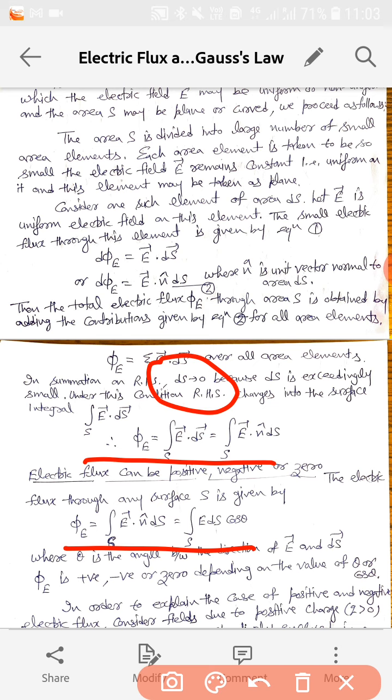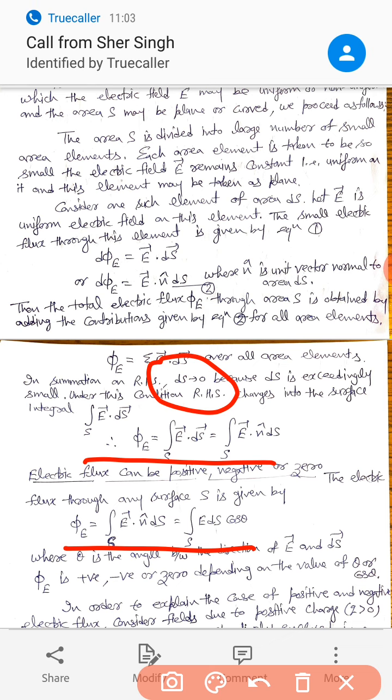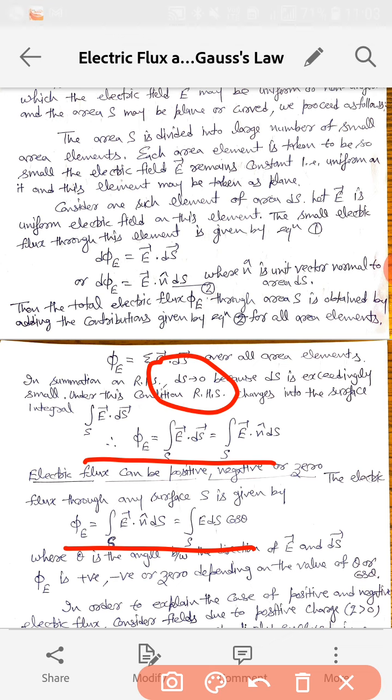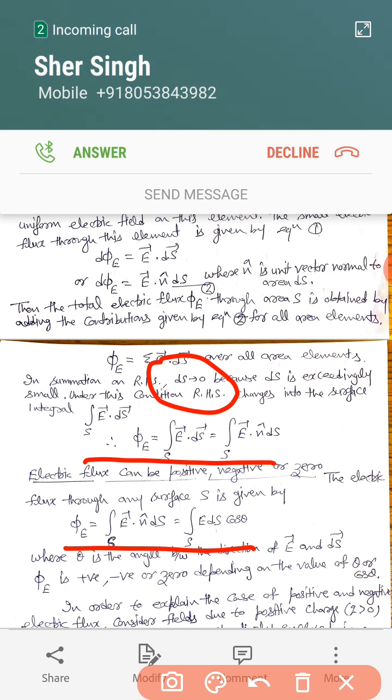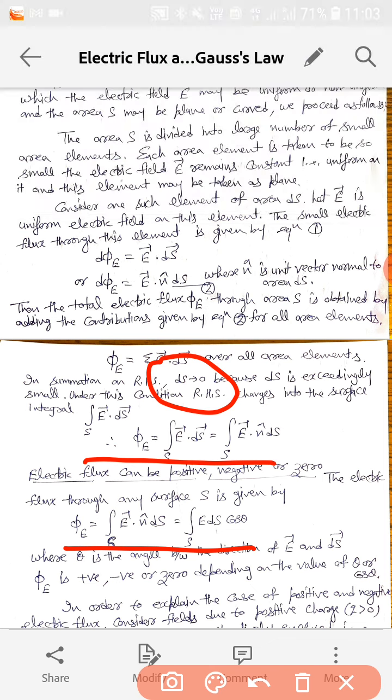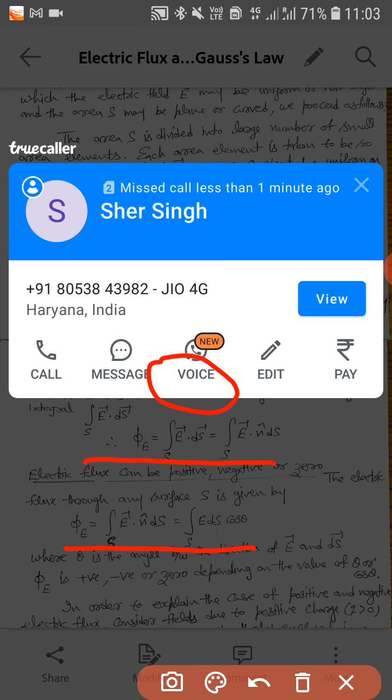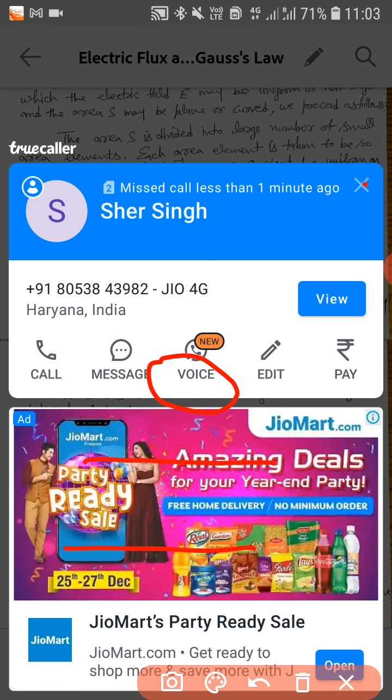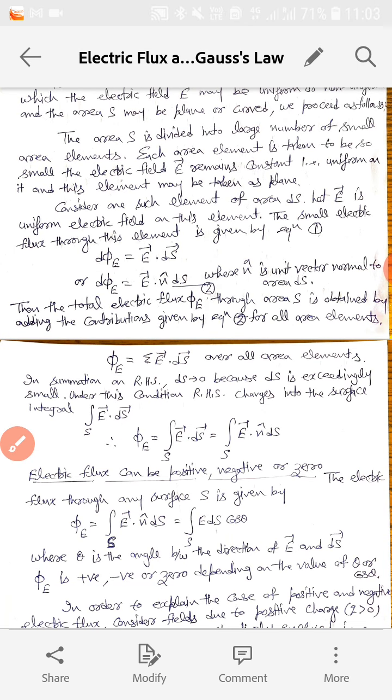So depending on theta, the angle between the electric field and the normal to the surface, the electric flux can be positive, negative or 0.